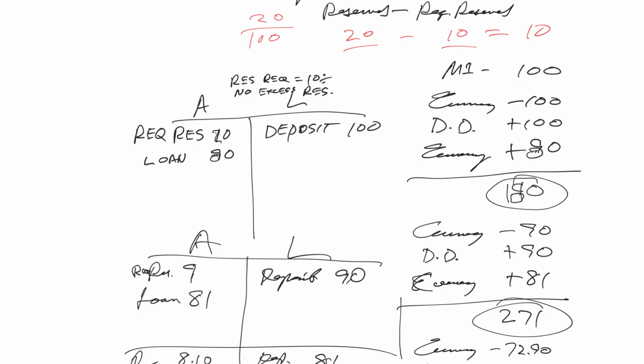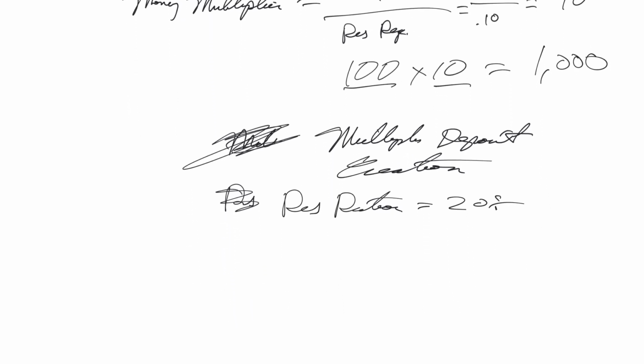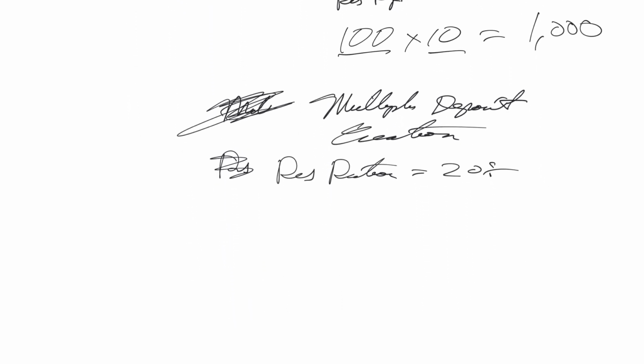Because banks need to keep more reserves, this multiple deposit creation is going to be less powerful. It's going to create less money. It's through the lending process that the money is created. So there you are. Intuitively, we know the money supply is going to be less.